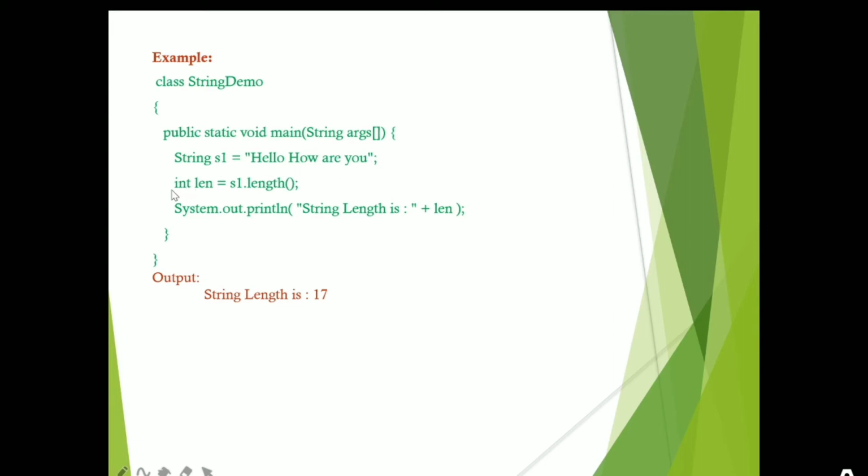And length is the variable used to hold the length of the s1 string, s1.length. It checks its length and displays it in the print statement. "Hello, how are you" is 17 characters.